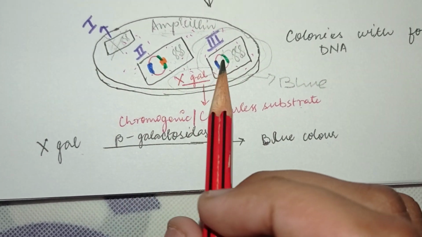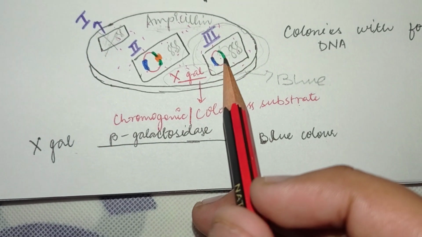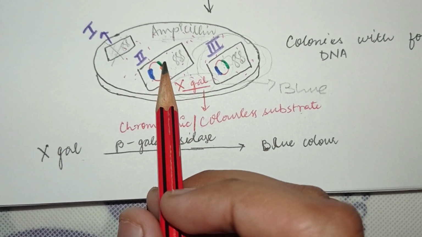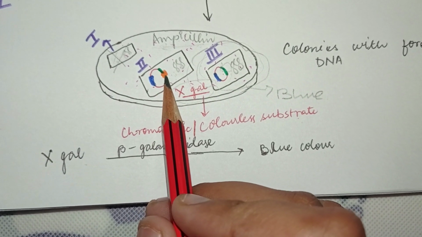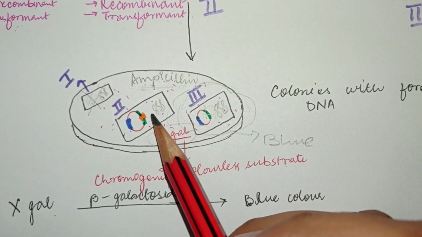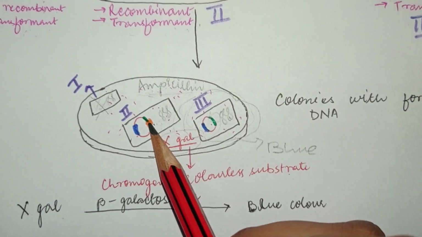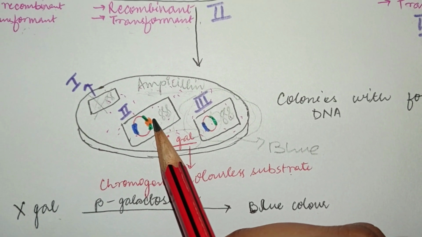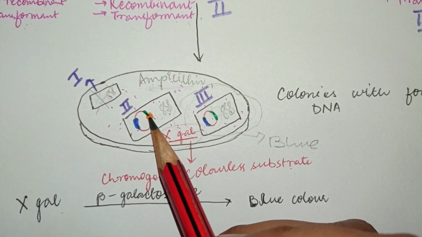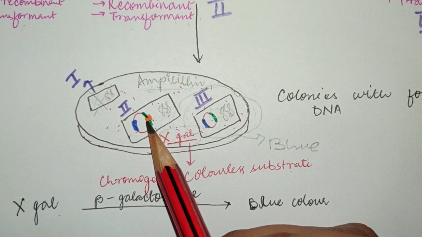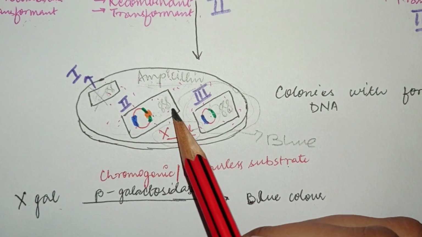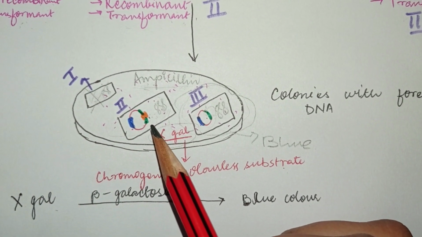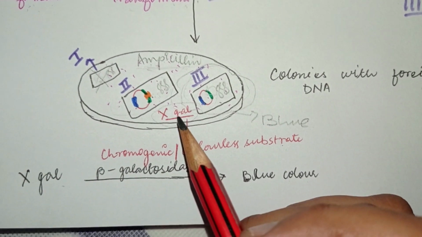And now we can easily see that our second bacteria remains colorless, because it doesn't form the beta-galactosidase enzyme, because our gene of interest has been added, because this bacteria shows insertional inactivation.